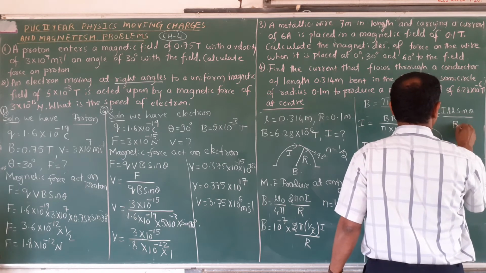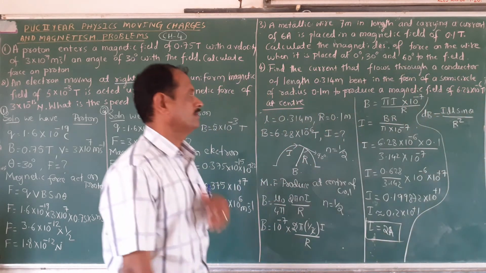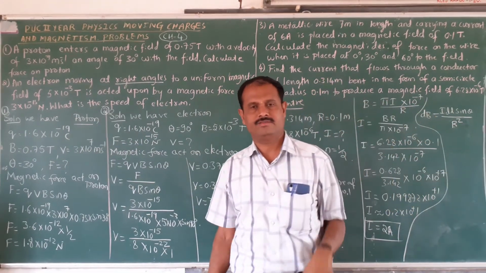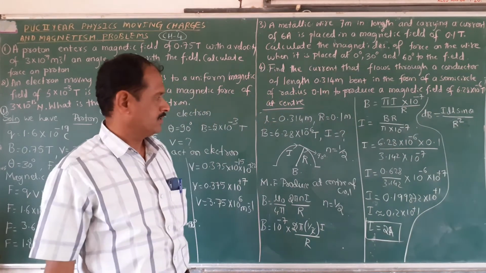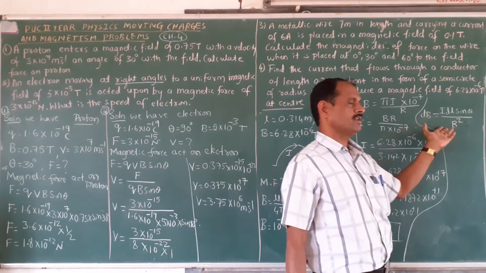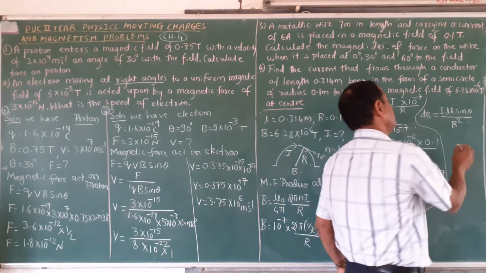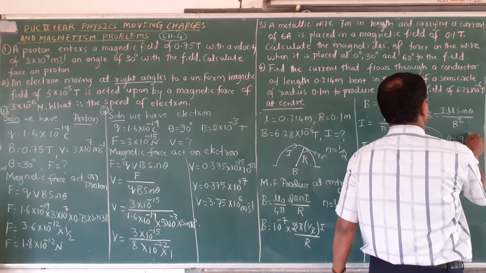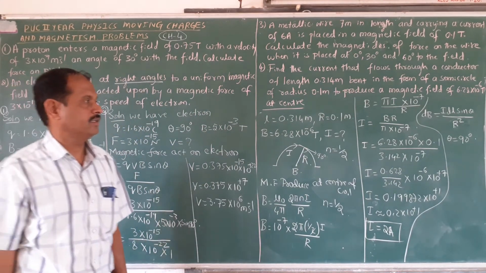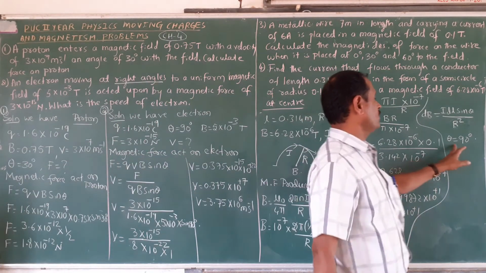So using this formula, again you get the same answer. This is one of the easy methods, and this method is also used. But here theta should be taken as 90 degree.